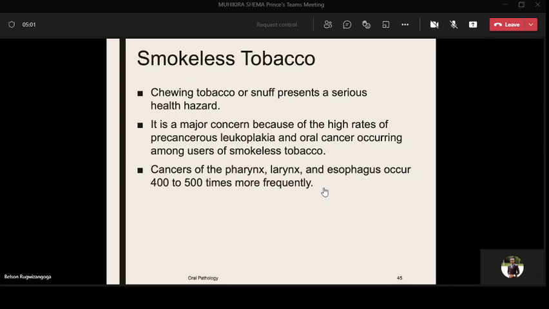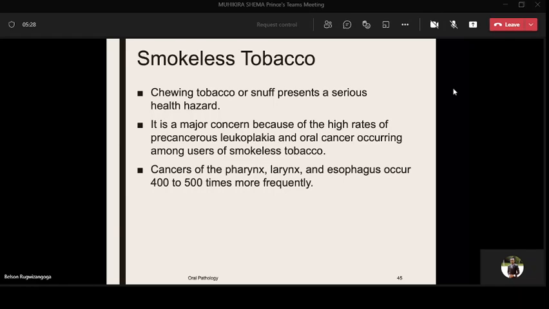Cancers of the pharynx, larynx, and esophagus occur 400 to 500 times more frequently. You understand the risk of tobacco. It means among 500 patients of esophageal, laryngeal, or pharyngeal cancers, only one of them will be a non-smoker. Others will be smokers.